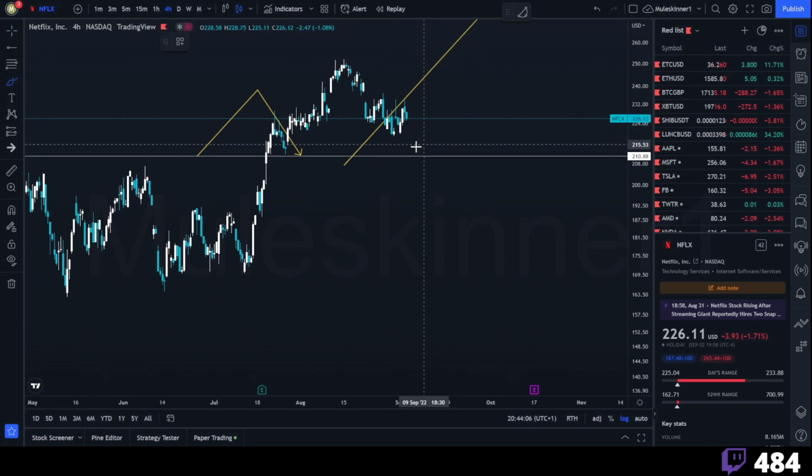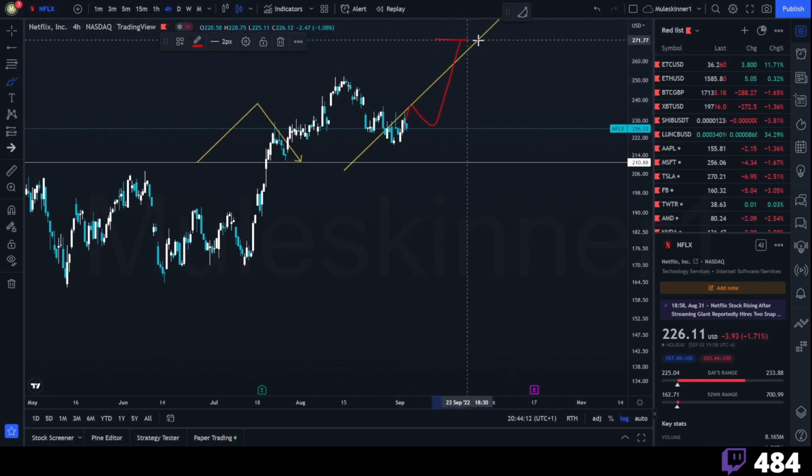Okay? Now let's hypothetically say you did get your entry and we did pump and you took some profit targets and your stop loss is now at profit. It means you can move on from this trade. You can take another trade because you've already moved your stop loss into profit. This trade is not going to lose you money.